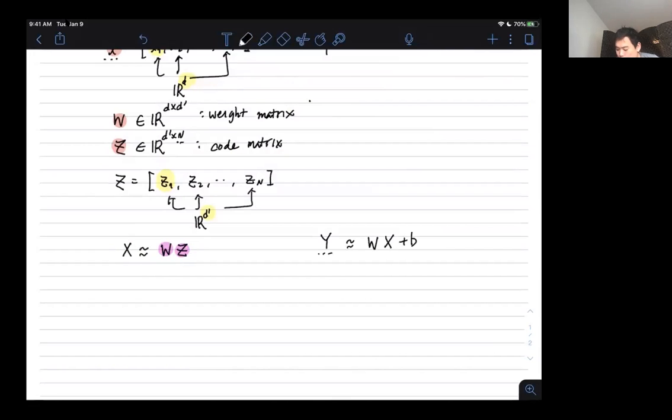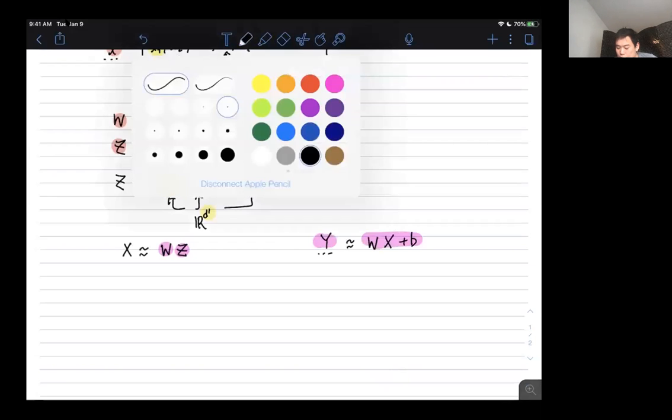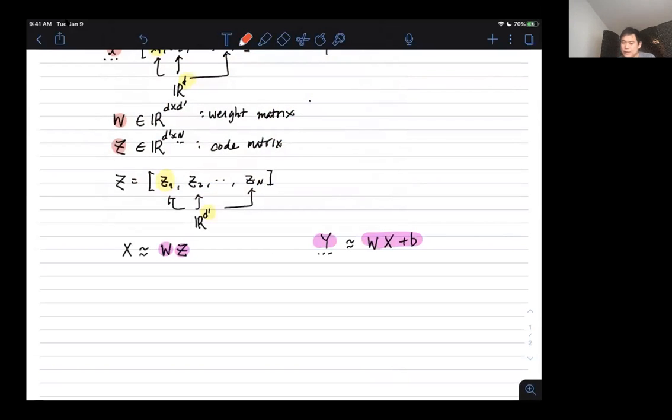Our goal was that the difference between W times X plus b and Y is small. Let's forget about the bias, because bias can always be zero. In linear regression, we could have simply set the bias to the average output, so we can actually ignore it.